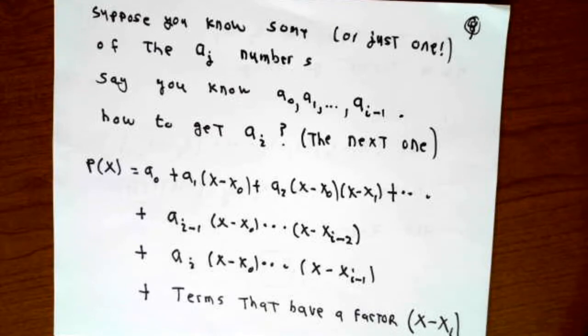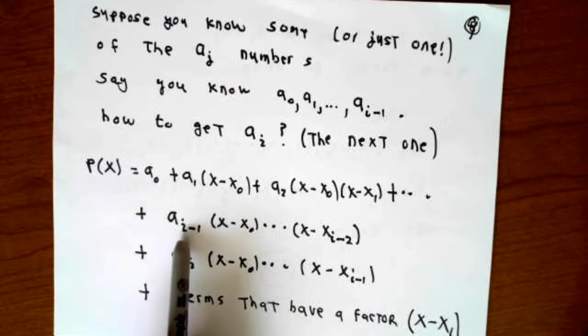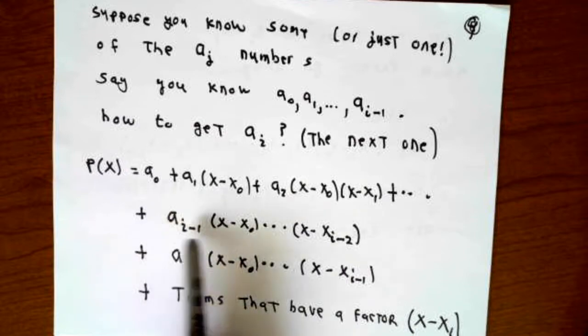So suppose we know some of the a numbers, possibly just one, a0, or maybe we know a lot of them, a0, a1, a2, up to a_{i-1}. And we're looking to get a_i next. So let's write out our polynomial in a form that's more conducive to this scenario. I'll write out the usual terms. There's going to be the term that has a_{i-1} in it.